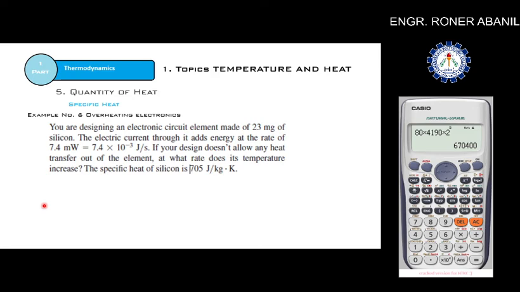If your design doesn't allow any heat transfer out of the element, at what rate does its temperature increase? The specific heat of silicon is 705 joule over kilogram Kelvin. So, how do we approach this?